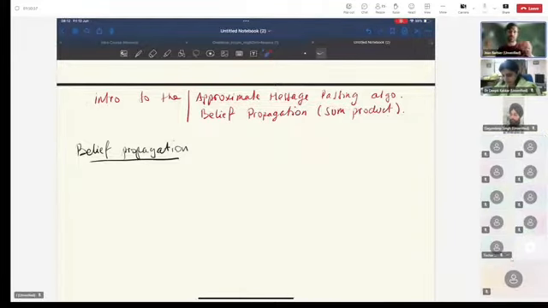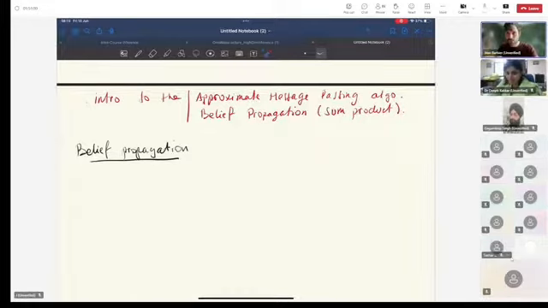Approximate message passing is just writing the belief propagation equations and applying them to a dense graph like the Wigner spike model is, and doing some kind of central limit type of approximations to simplify the equations. So let me explain what I mean by this.